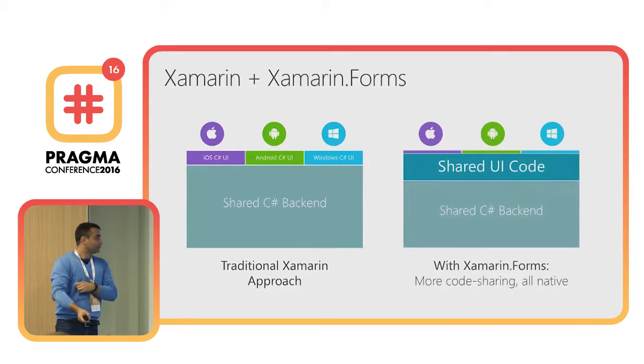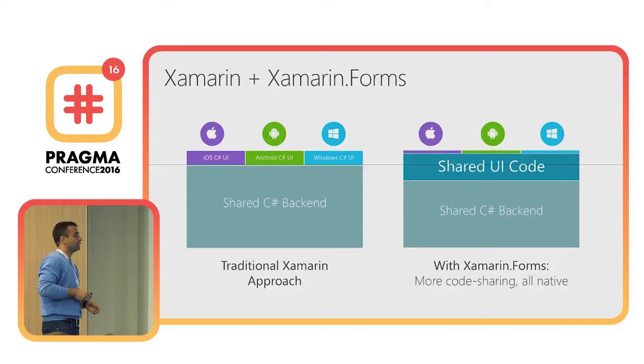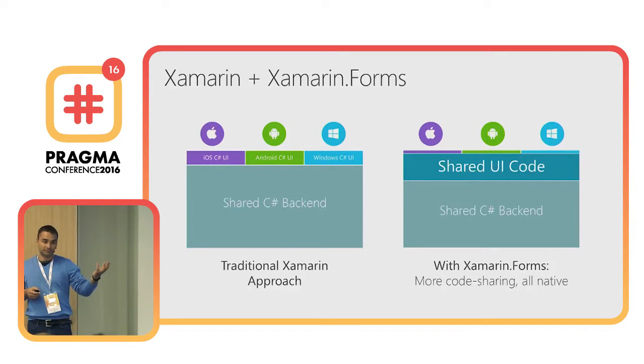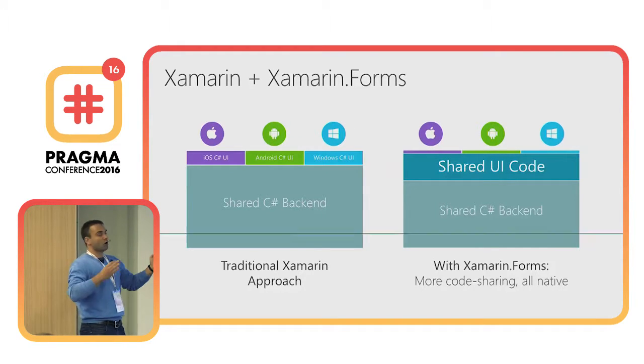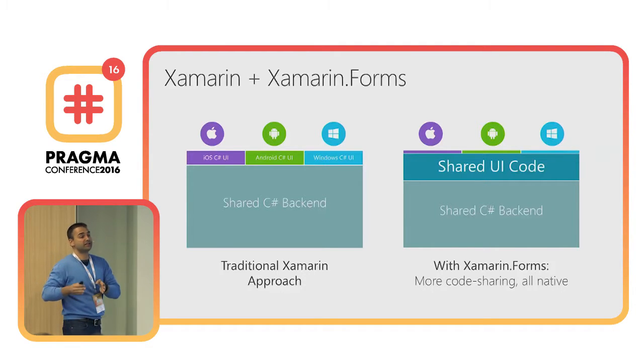Xamarin also created another framework, called Xamarin Forms, which is a framework for creating cross-platform native UI. What does it mean? It means that you have abstract objects, like a button, like a label, that when running on each system becomes a native control.